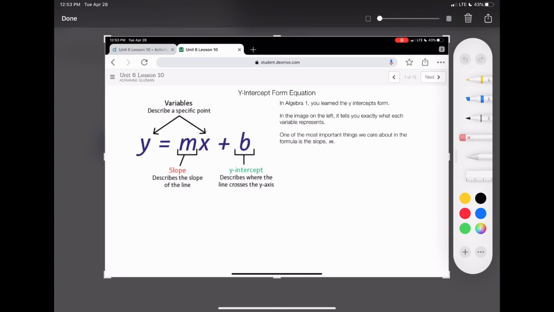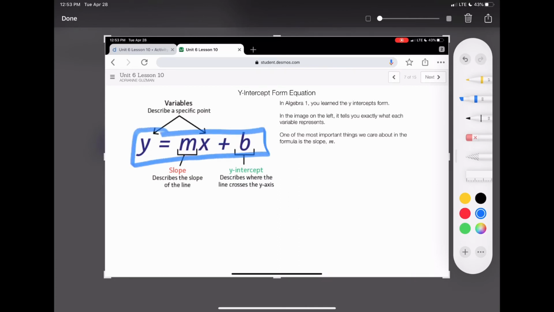But this is that one form that's so common to us that I will never forget for my life: y equals mx plus b. This bad boy right here. This is called the y-intercept form.